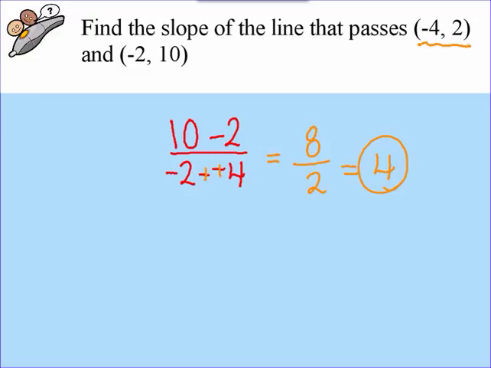You could either do 2 minus 10 over negative 4 minus negative 2 and still get the same answer. It just matters that you start with the same point each time. The reason we start with the second one is that nine times out of ten, that's the formula used in a book, and I want to stay consistent with what you're going to see in future books.